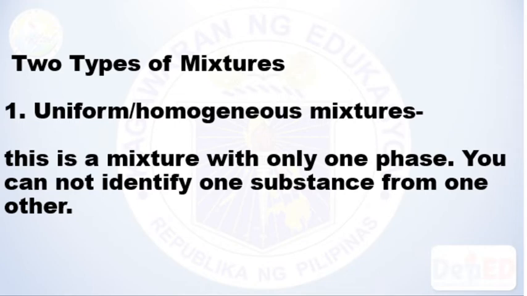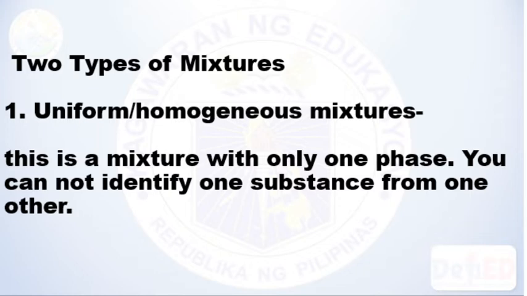The first one is the uniform or homogeneous mixture. A uniform or homogeneous mixture is a mixture with only one phase, meaning that you cannot identify one substance from another. Examples of this kind of mixture are sugar and water mixture, fruit juice, and syrup.